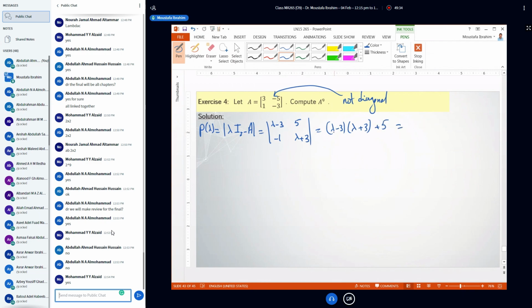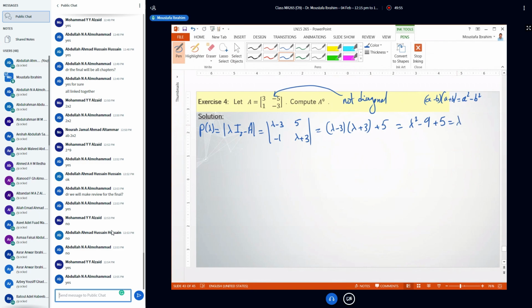Who knows immediately what we get when we have a minus b times a plus b? It is a squared minus b squared, right? So here we get lambda squared minus 3 squared, 9, plus 5. So we get lambda squared minus 4.